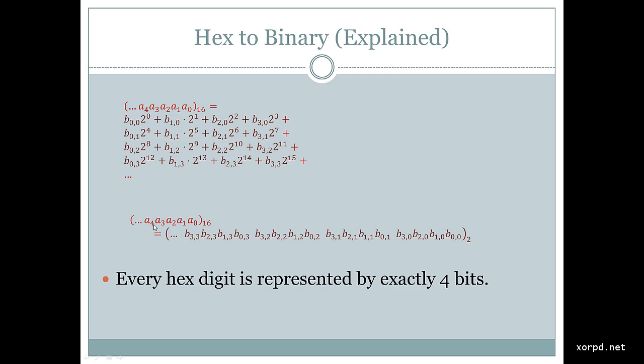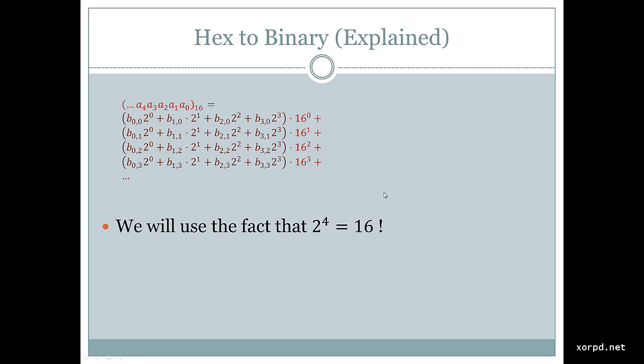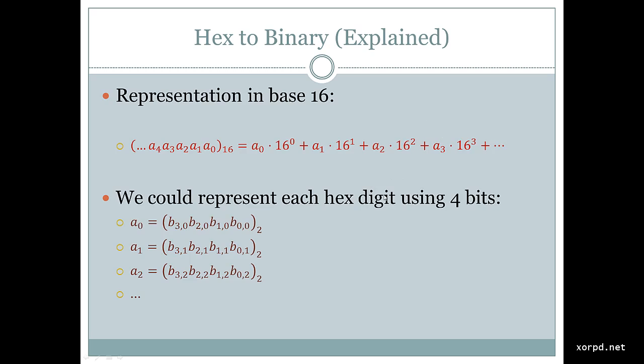Eventually, we got this equation. The original number is written here, and on the other side we have groups of 4 bits, where every such 4 bits, if you remember, represent just one number. For example, those 4 bits, B00, B10, and so on, in the beginning represented A0. We can go back just for a moment to see this. For example, we can see it here.